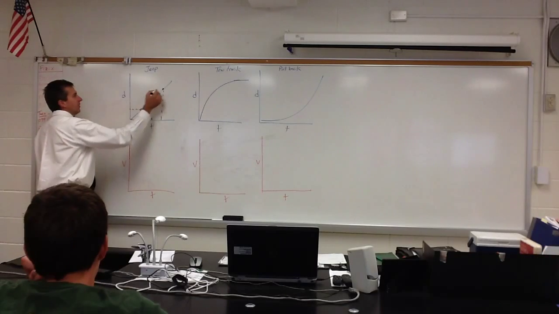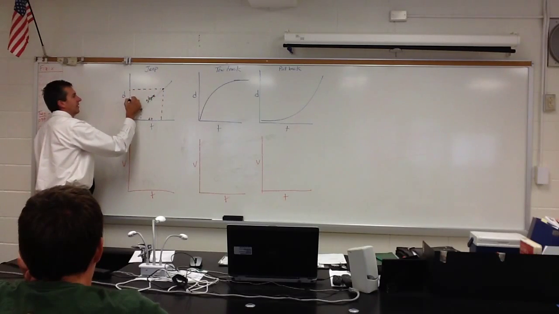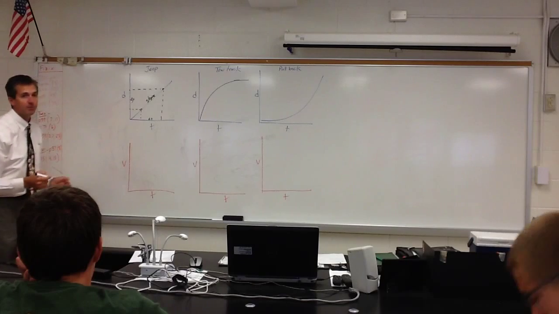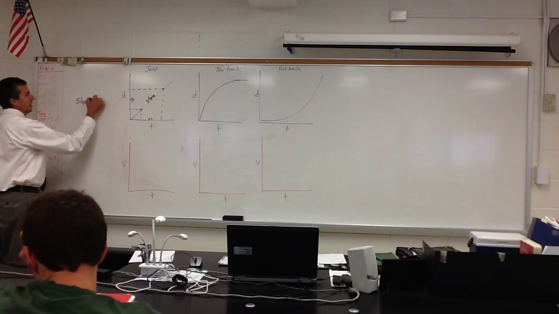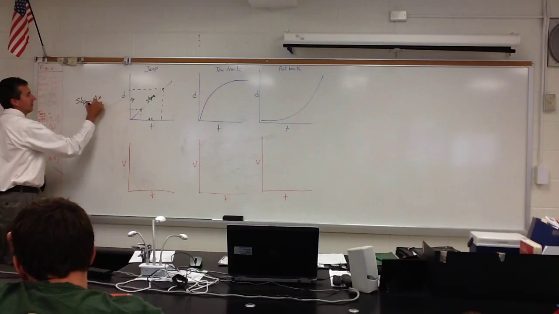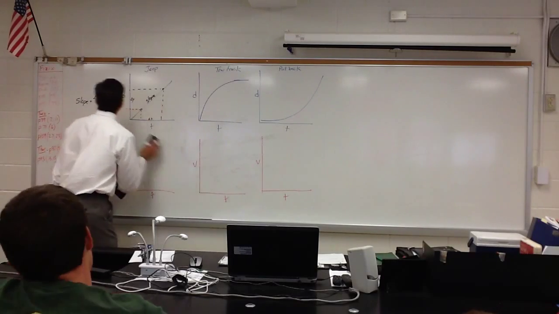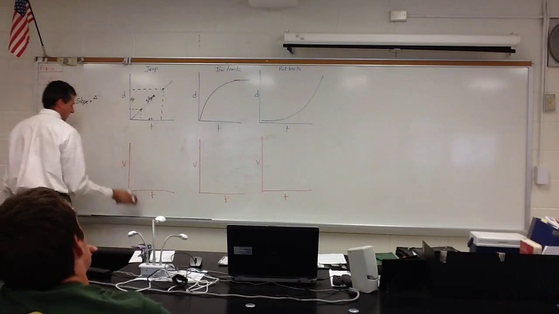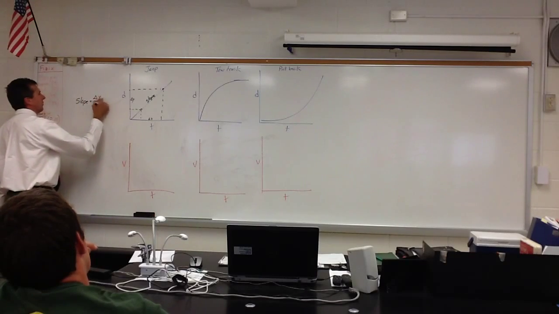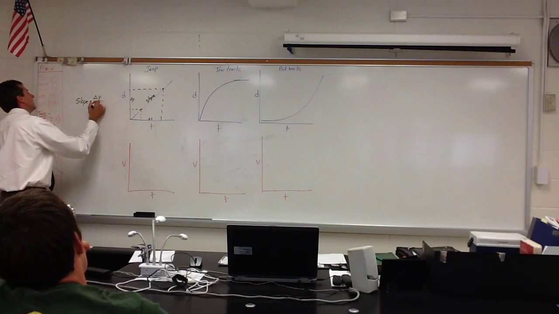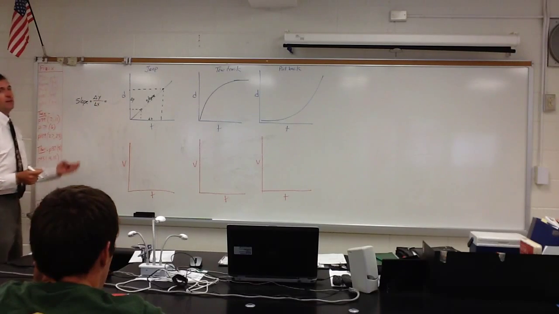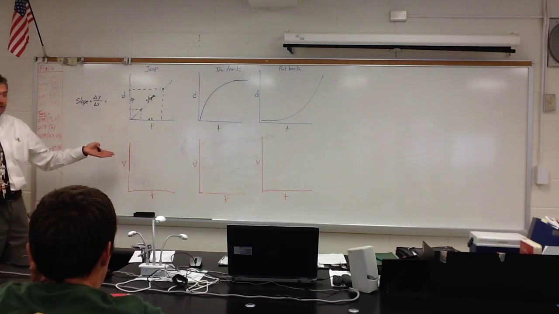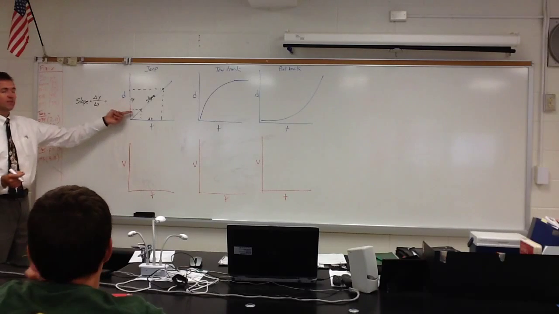And then you swing over this way, and you swing over this way, and that'll tell you how much you changed your y variable. So if you're doing the slope, it's the change in the x variable. No, that's not. I lied. It's the change in the y variable. It's always got to be y. Change in the y variable over the change in the x variable.